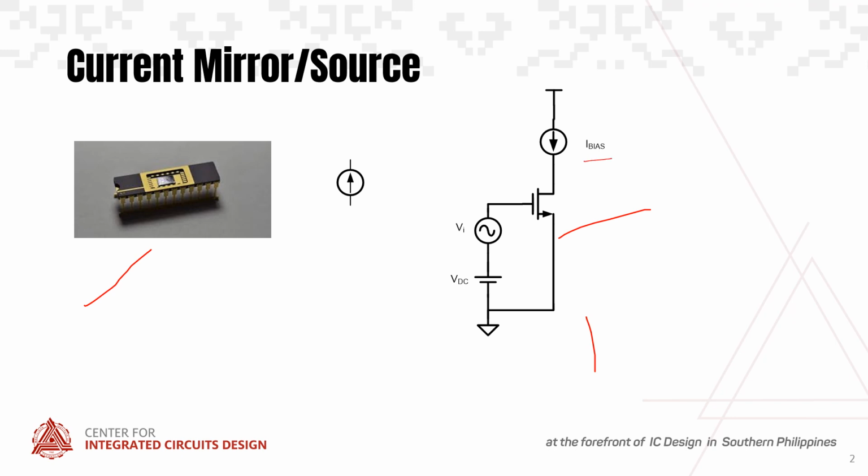We could get as much as the intrinsic gain of gm r_out, because we assume that the impedance here is infinite, so we could get the highest gain of gm r_out. And using this, we can improve the biasing capability of our circuit.